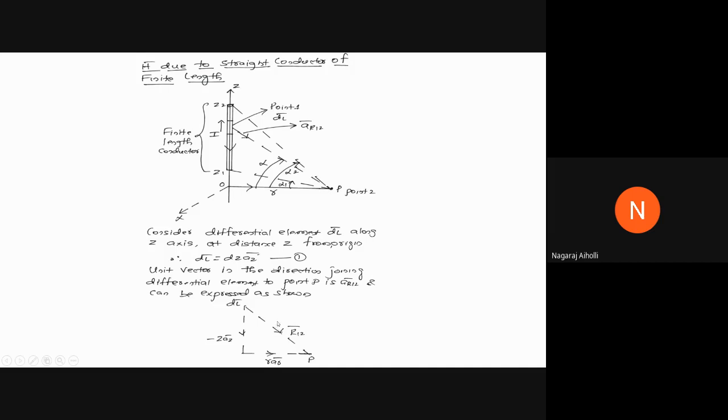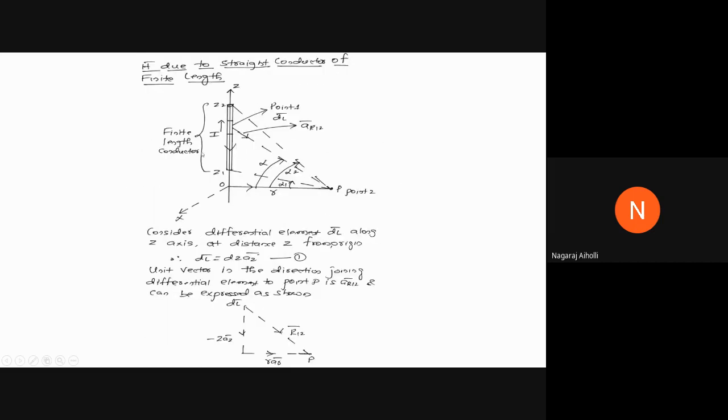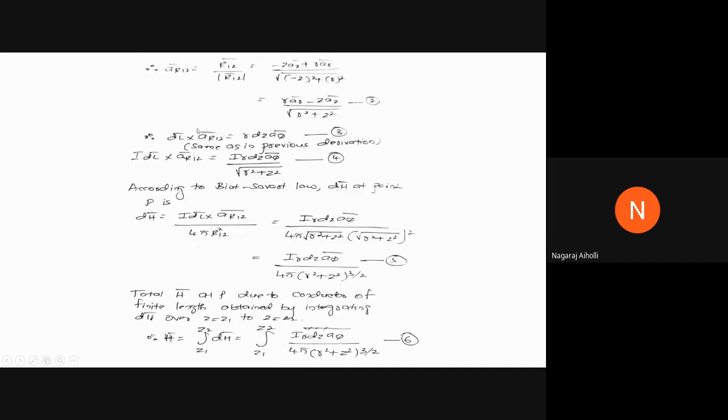It can be expressed the same as we did for the previous derivation. The distance vector R12 bar will be equal to R aR bar minus Z aZ bar, similar to the previous derivation for the infinitely long straight conductor.